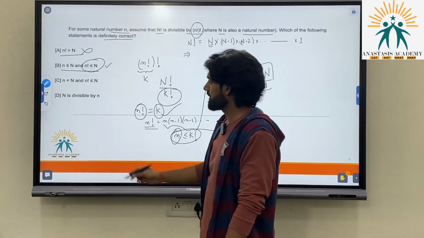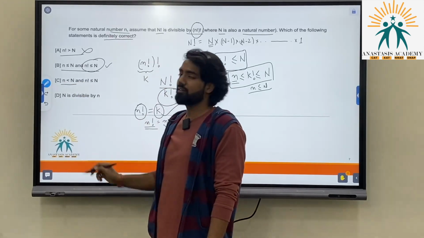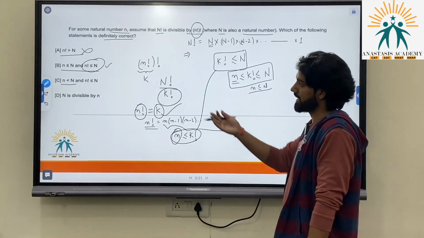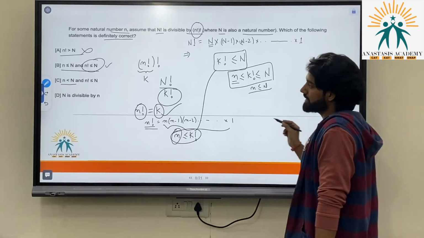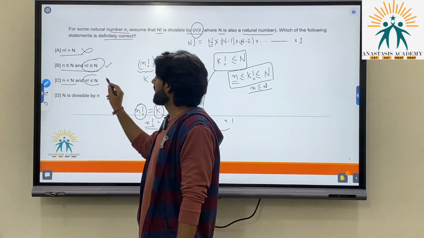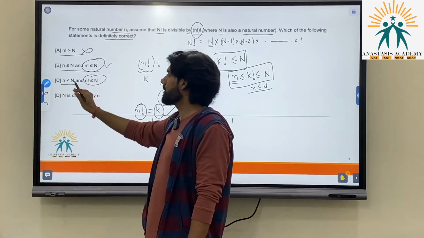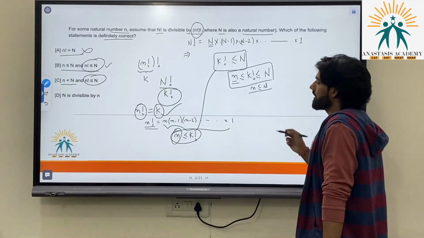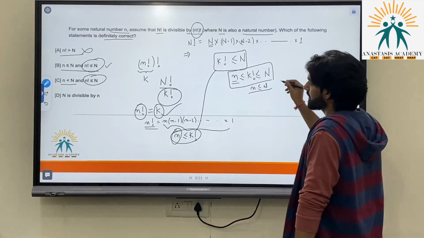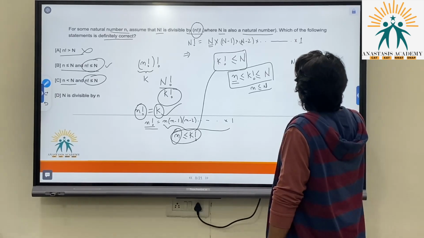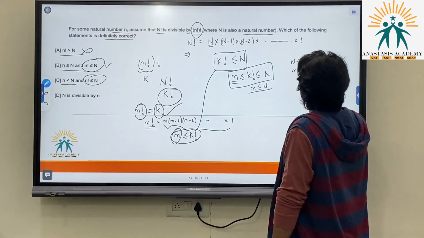Option number three, C: n is less than N. Let's check if that is always the case, because the previous relation is correct: n factorial is always less than or equal to N. Let's check n less than N. So is it always the case? Let's assume n is 2 and N is also 2.